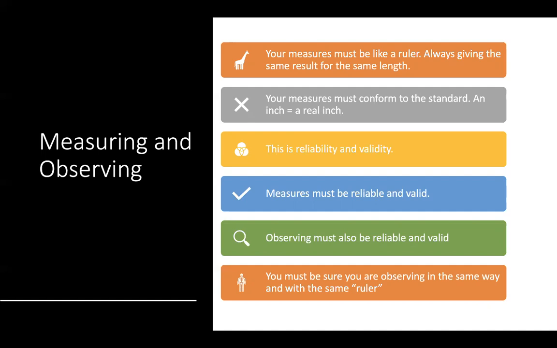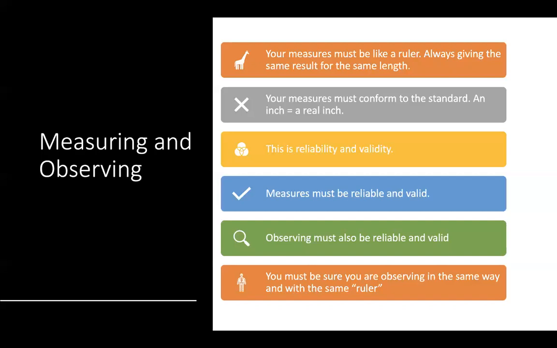And of course, if the internal validity is poor, or if the measurement validity is poor, then the external validity will also be poor. Right, so your measures have to be like a ruler in the sense that they're always giving the same result for the same length. You want your measures to be valid and reliable.